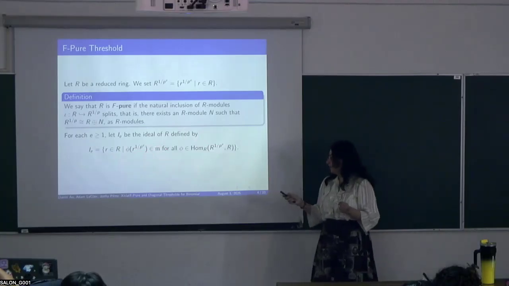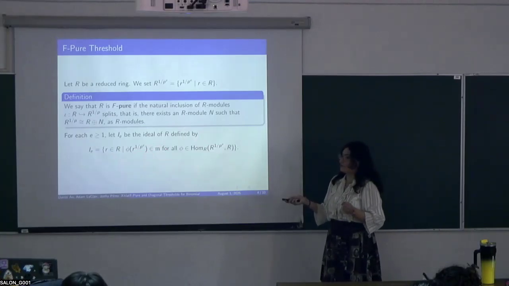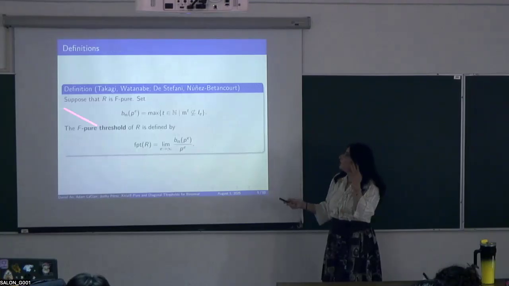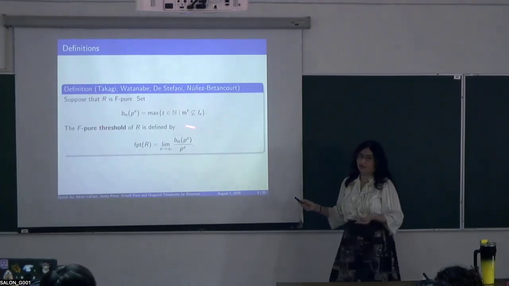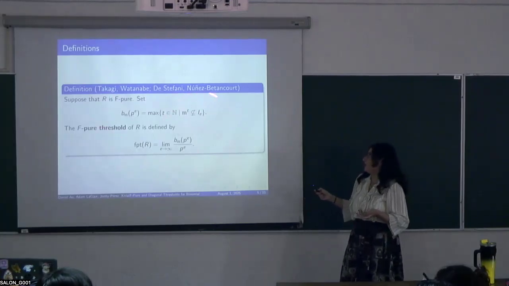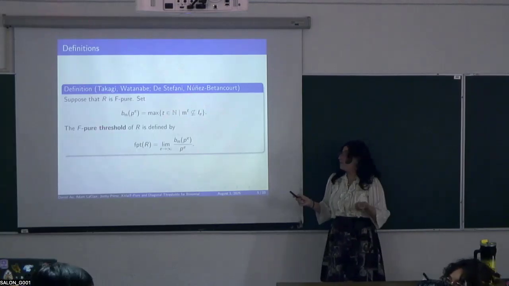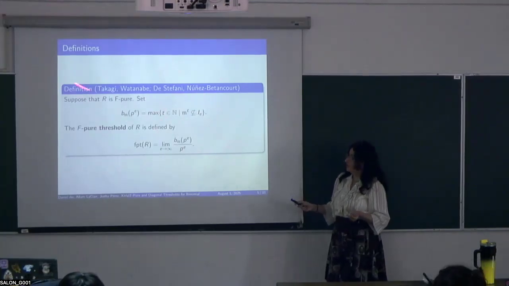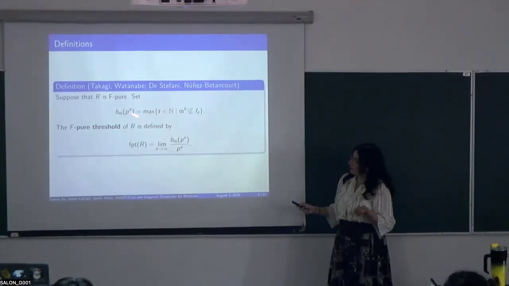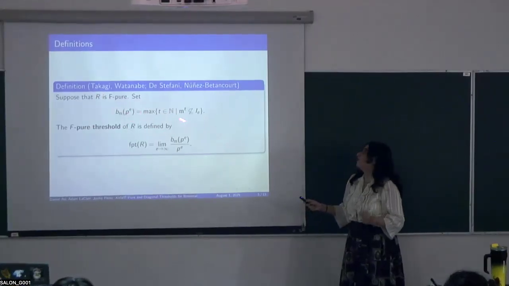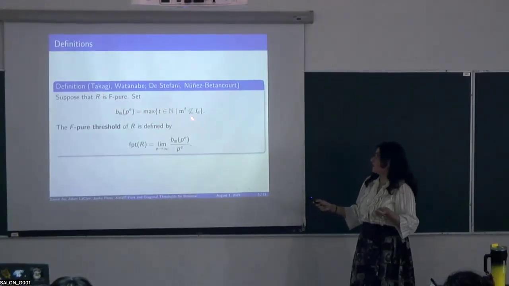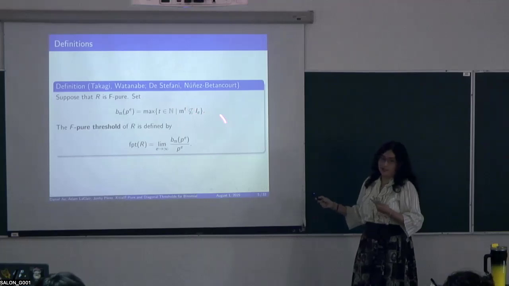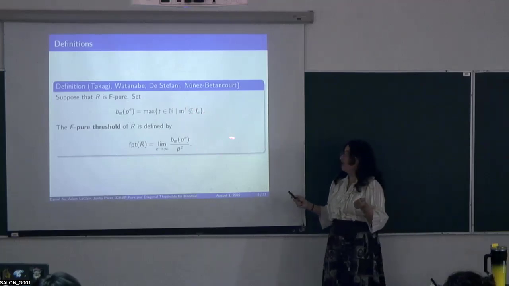Now we can define the F-pure threshold. This was defined first by Takagi and Watanabe, and we are going to use the definition from Schwede and Núñez-Betancourt. We consider an F-pure ring, and we first define this invariant, the nu_e invariant, that is the largest power t such that m^t is not contained in this set I_e.